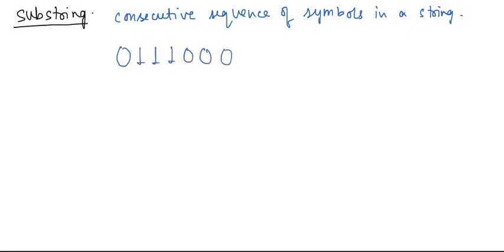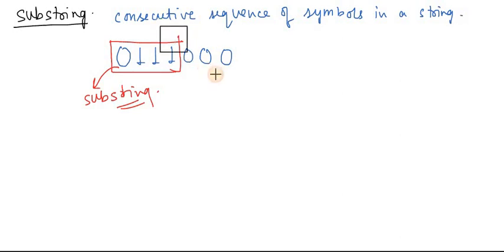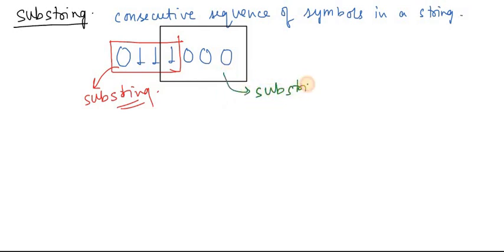In this string, if I take a sequence of consecutive symbols, suppose I take this sequence, this sequence will be called a substring. If I take another sequence, like 1, 0, 0, this will also be a substring. So the sequence should be consecutive.